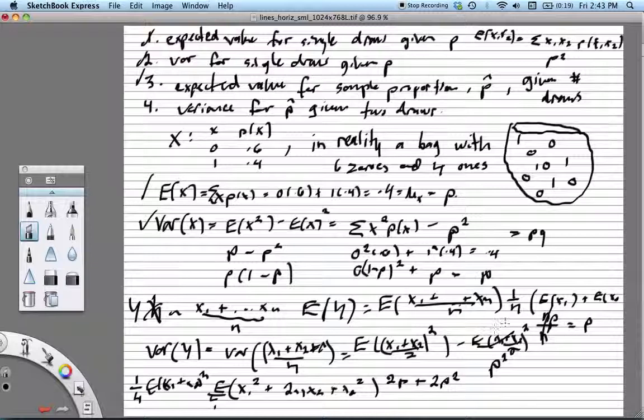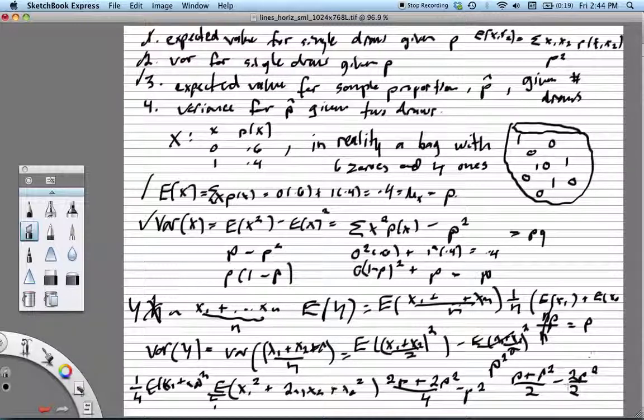Okay, so now what comes out of this expected value here is p squared. So we have this guy over 4 minus p squared. Okay, well, we know that those are going to want to cancel. The 2 will cancel the 4. So we would get p plus p squared over 2 minus p squared. Okay, so we can just multiply top and bottom by 2 here.